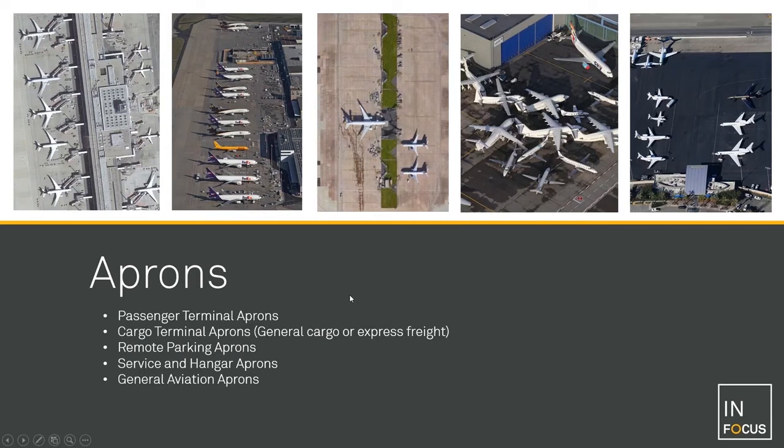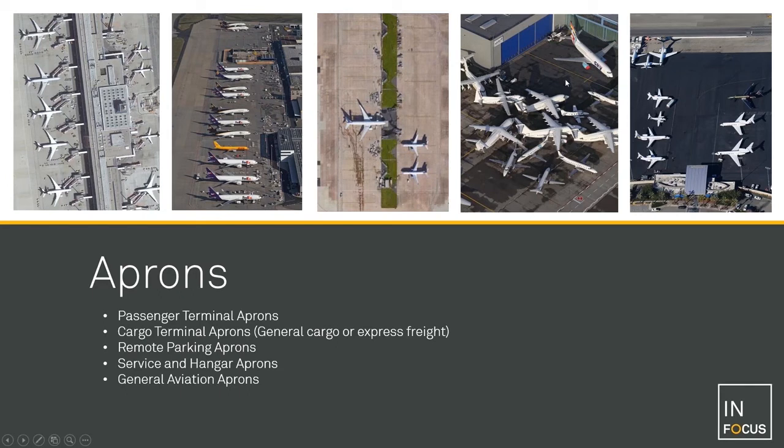The ground service equipment moves around our aprons, five basic different types of apron. Our terminal service apron, which we're going to be most heavily considering today. Also cargo terminal aprons, and here I will differentiate between general cargo and express freight services, which, especially from time constraints, are very, very different and need to be looked at in a different manner.